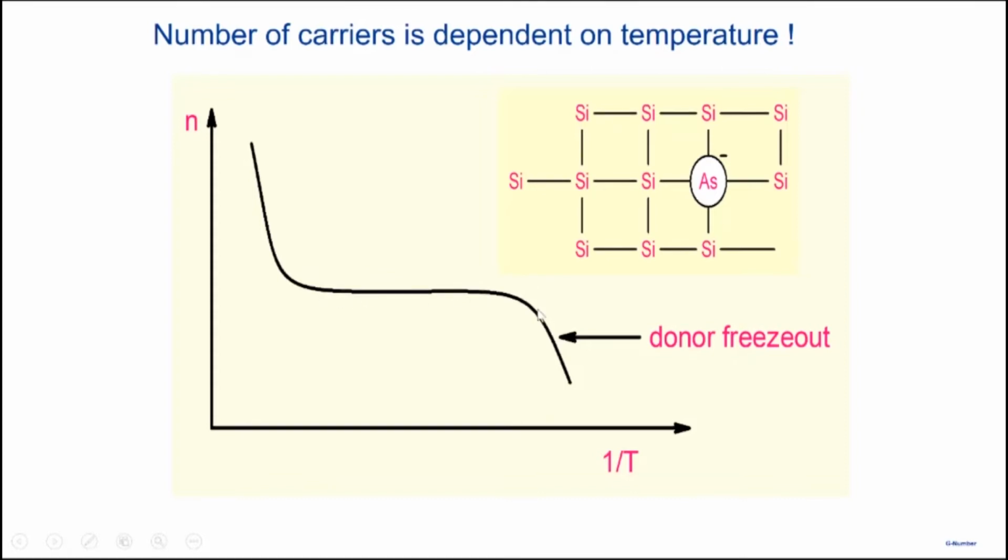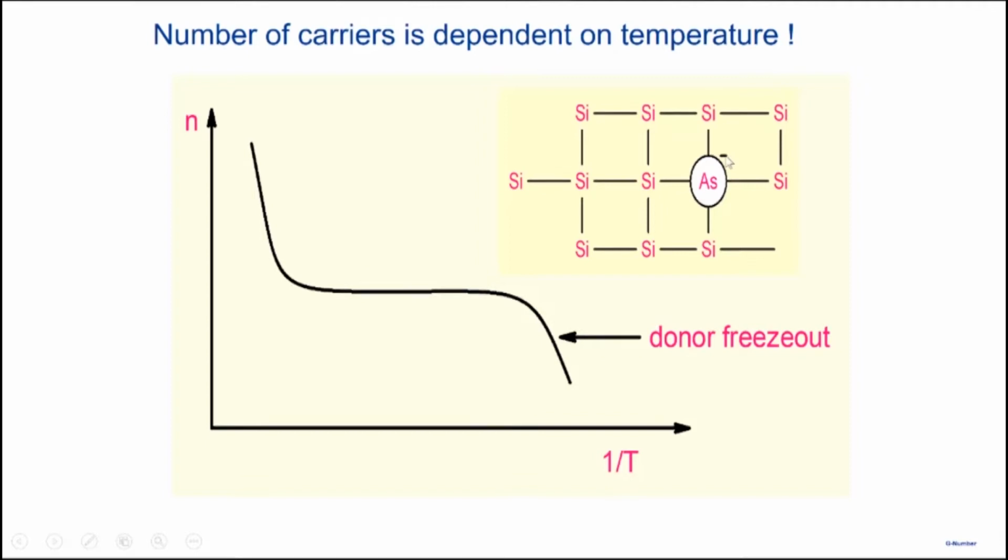Now, if you go to lower temperatures, that extra electron that arsenic had doesn't have enough energy to get free from the arsenic atom. And therefore, it stays with the arsenic atom and doesn't go to the conduction band as temperature is lowered. And this is what we call donor freeze out.